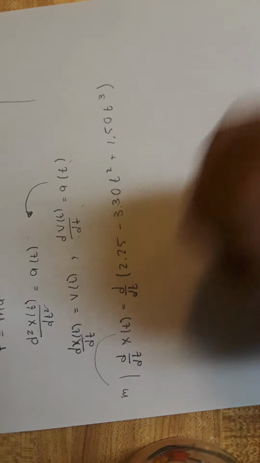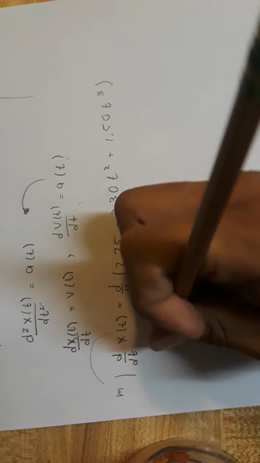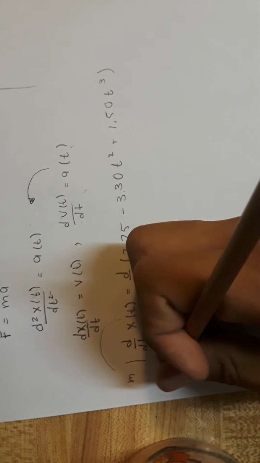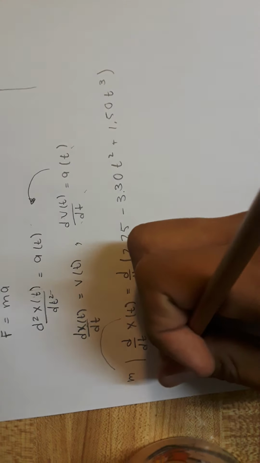Okay, so we have that our velocity, which is just equivalent to our first derivative of position, is equal to, well, this is just a constant, so the derivative of any constant, or the rate of change of any constant, is just 0.